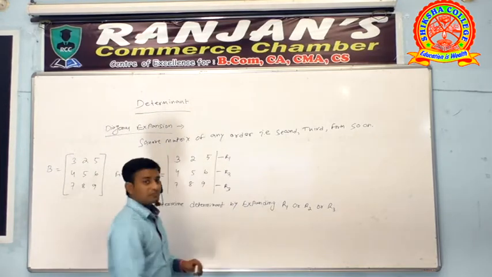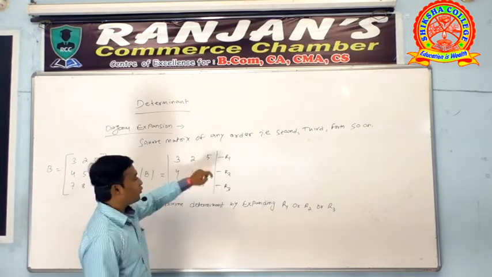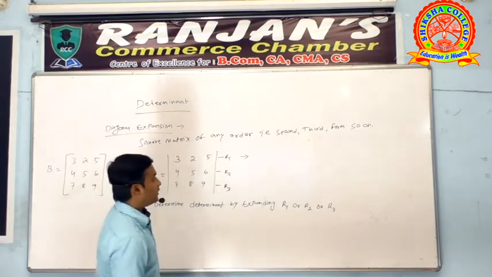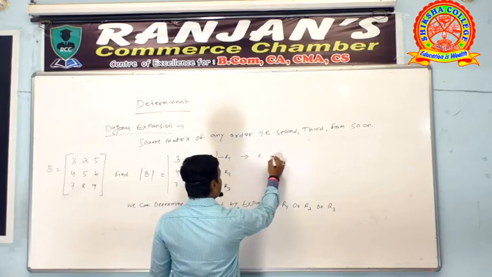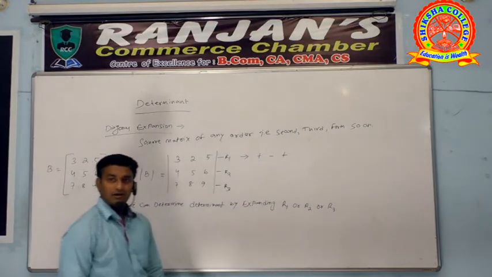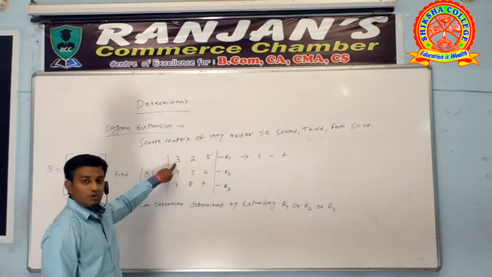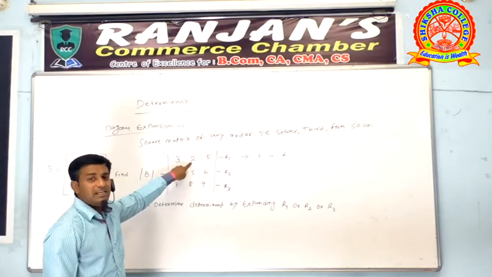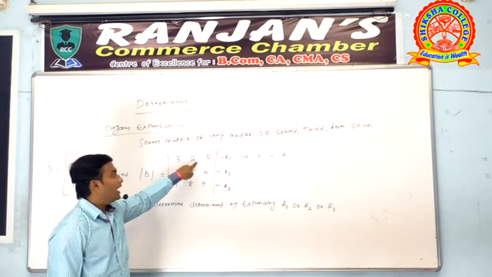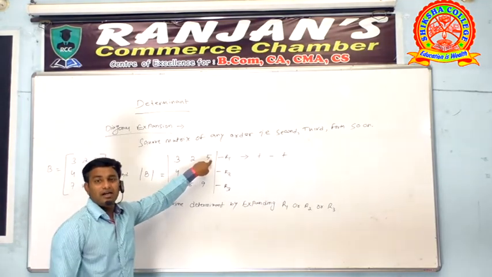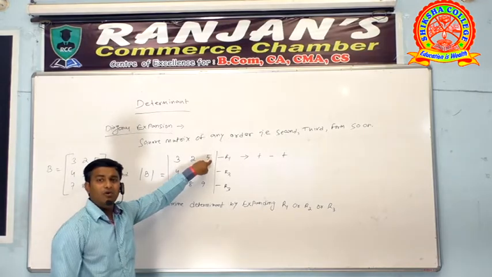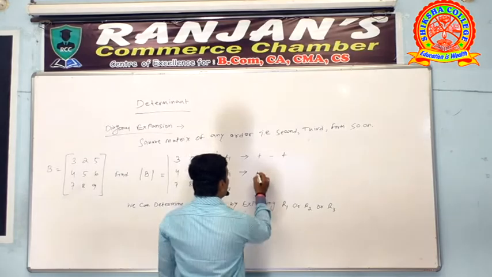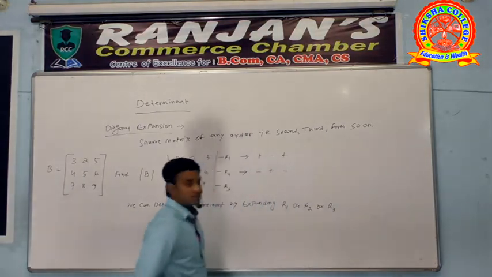The sign rule is, if we take row 1, we provide the sign plus, minus, plus. Plus for the first element, minus sign is given to the second element, and plus sign is given to the third element if we are taking row 1.